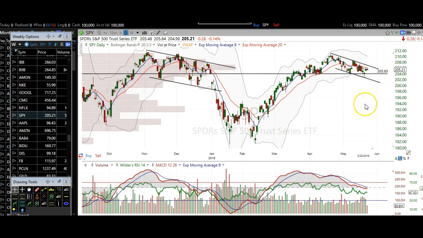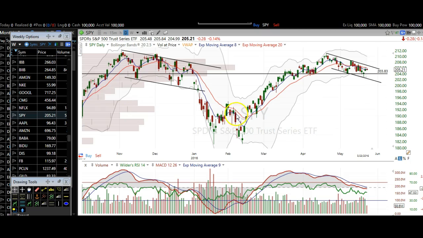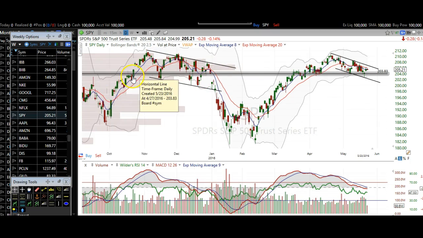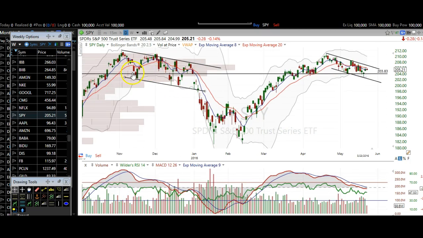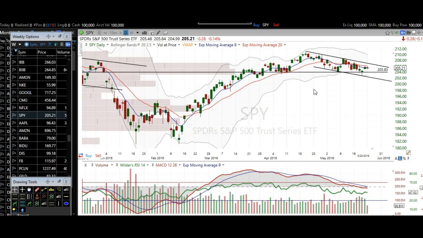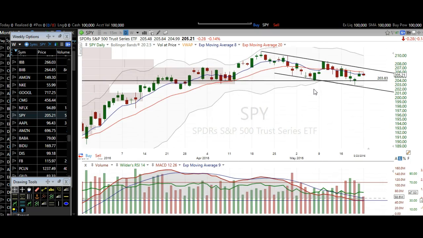The only difference is not only the width of the channel, but most importantly, there's no solid support to really play with here. We had a dip here once, a dip here, but no real solid level of support. What you're seeing over here recently is you've got a solid level of support to play with.